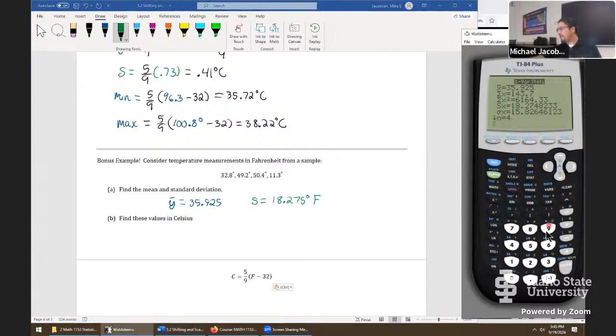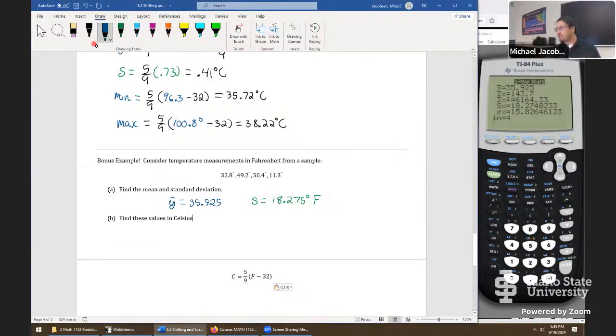So back to the calculator. Let me write it out just so that we see what we're actually computing. Y bar is going to be 5/9 multiplied by 35.925 minus 32. So that's a pretty fast computation.